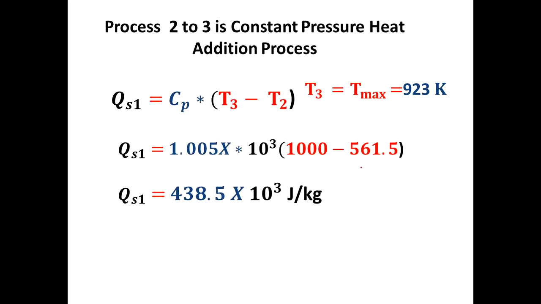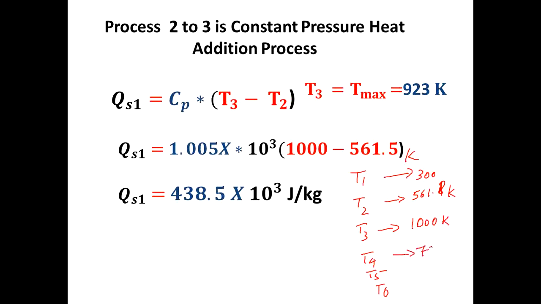While you are doing the problem, what temperatures are there in the cycle? That is T1, T2, T3, T4, T5 and T6. These temperatures you note down in terms of Kelvin. You already got 300 Kelvin, and then you got 561.1 Kelvin, and T3 you know that is 1000 Kelvin.